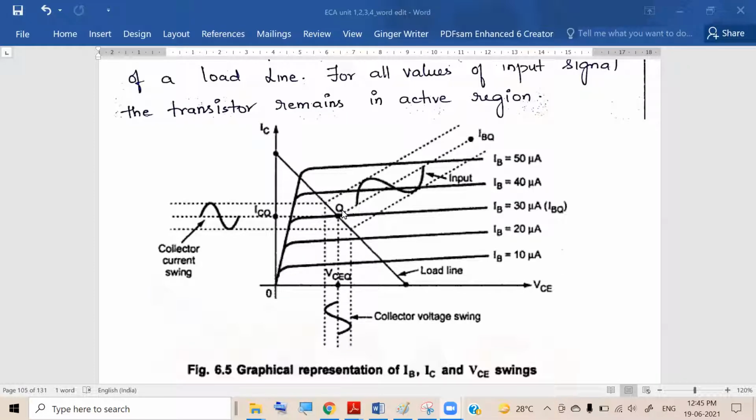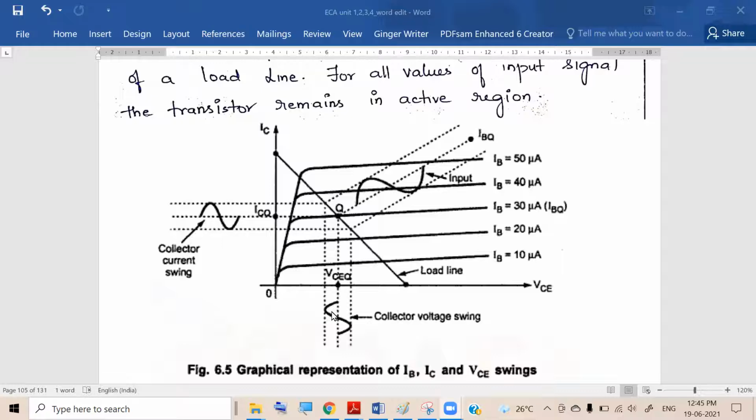When IC increases, increasing and decreasing, correspondingly the VCE decreases, because the load line has a negative slope.